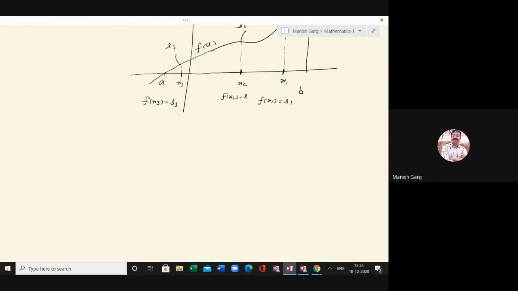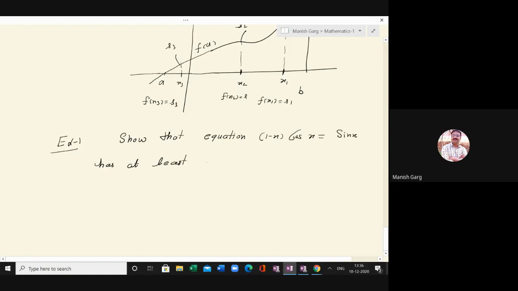No. Let us do one or two examples. Question is, show that the equation (1 minus x) cos x equals sin x has at least one root, a solution, in the open interval (0, 1).